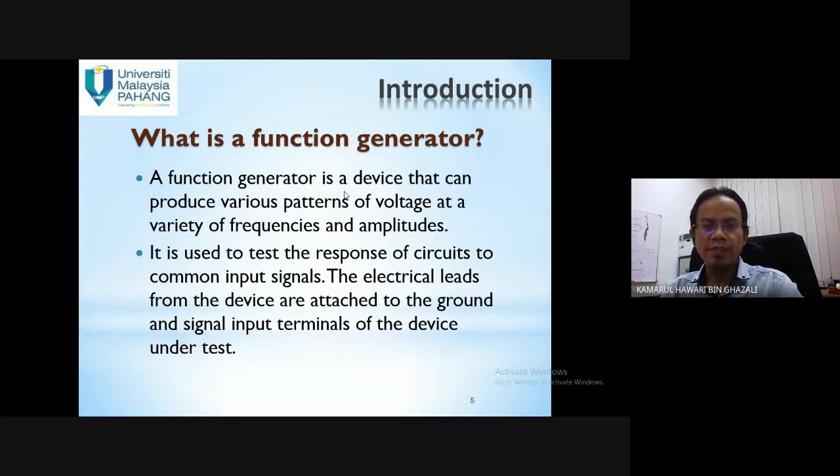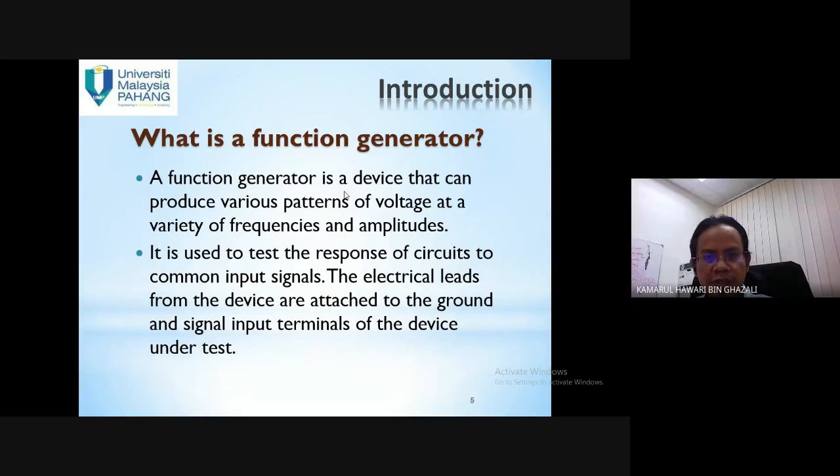So what is the function? What is a function generator? A function generator is a device that can produce various patterns of voltage at a variety of frequency and amplitude. It is used to test the response of circuits to common input signals.